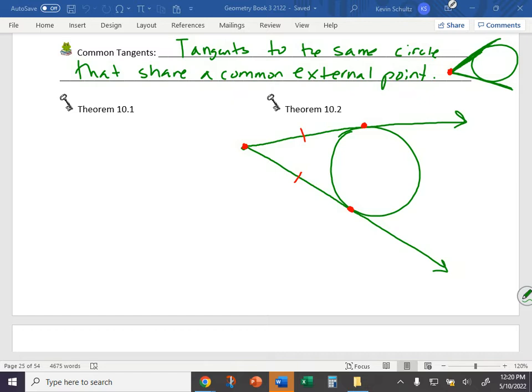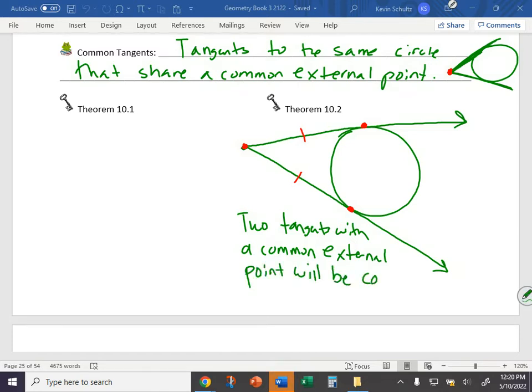So Theorem 10.2 in words says 2 tangents with a common external point will be congruent segments. Oops, I didn't even put a period there. I was just thinking point.